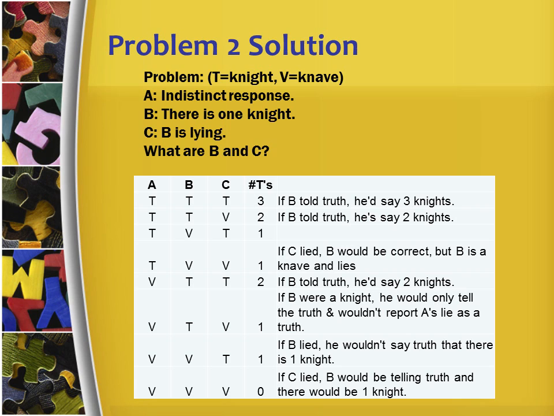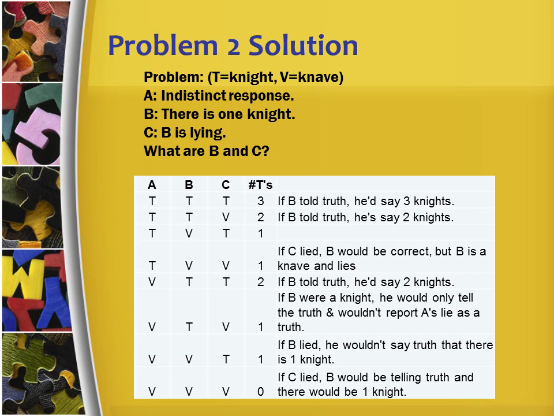So we've got the fact that B is lying and C is lying, but then A needs to also be lying. But the situation is that C says that B is lying. That means that B has to be telling the truth, but B's telling the truth, and you can't have that because there really is no one knight here.